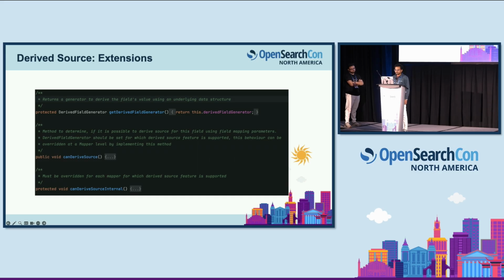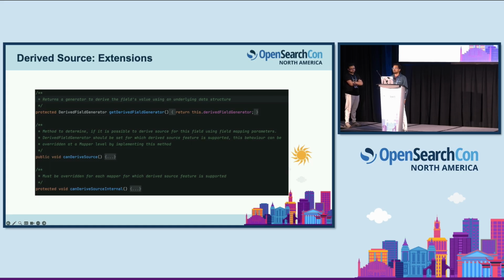Now let's look at how the interface is defined, and those methods are defined at the field mapper level. So we have primarily two methods: canDeriveSource and deriveSource. You just basically define for what all mapper types it is supported.